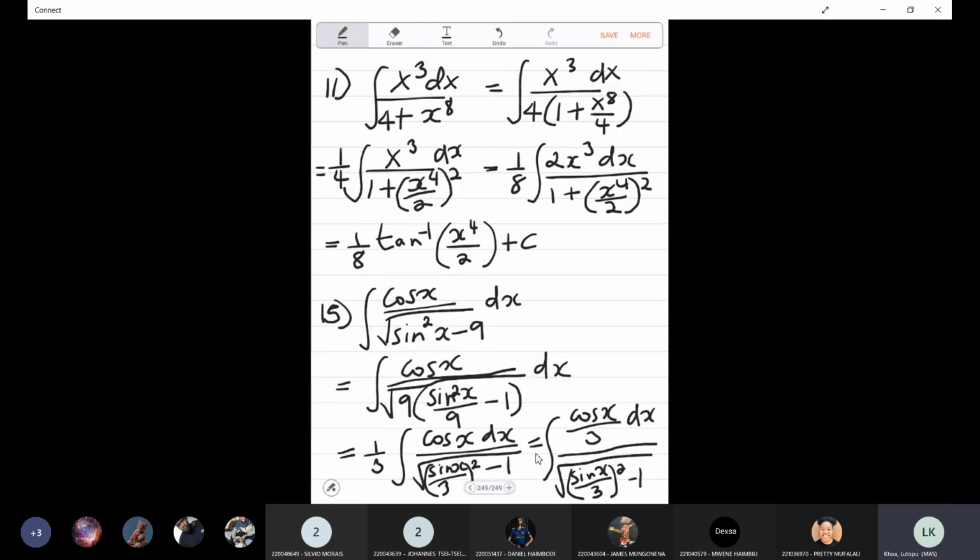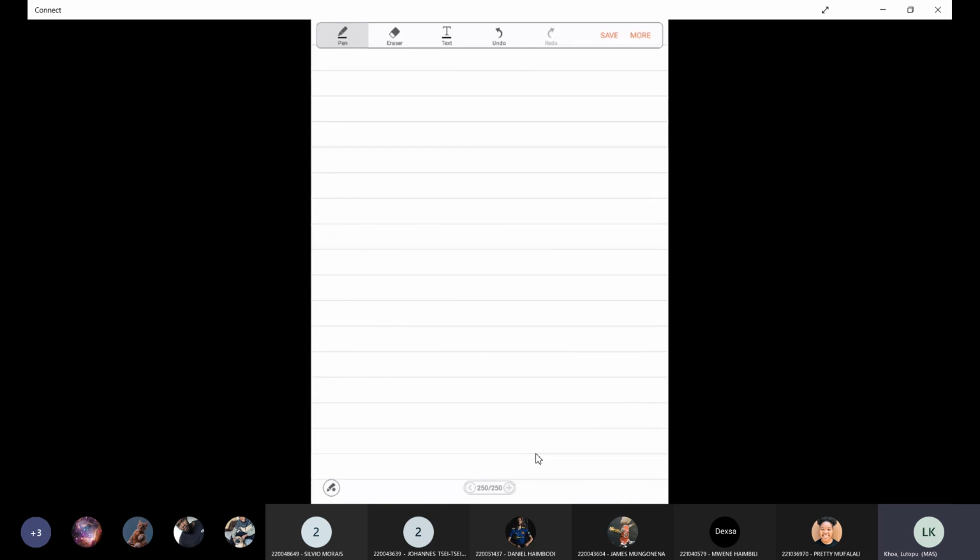There are no constants outside, and the solution to that is hyperbolic cos inverse of sine x over 3 plus c. Sorry. Plus c, like that.